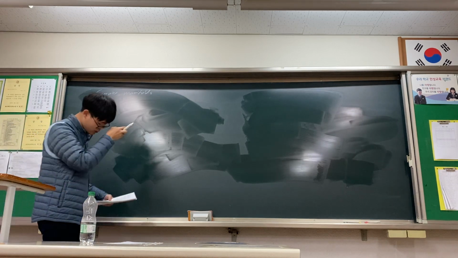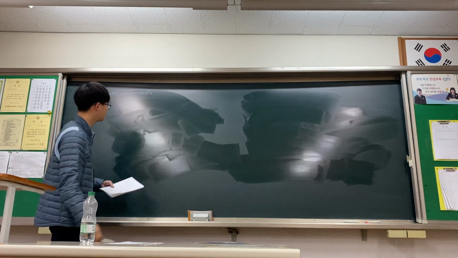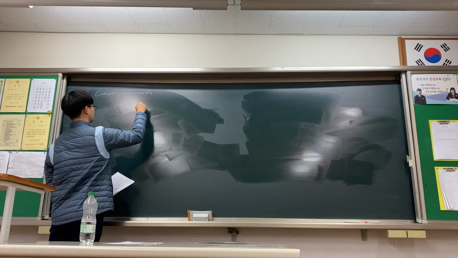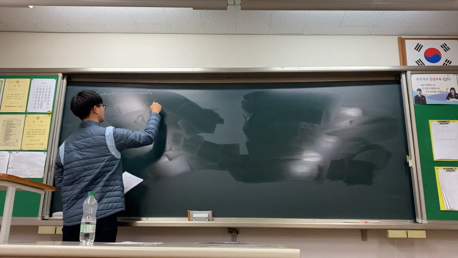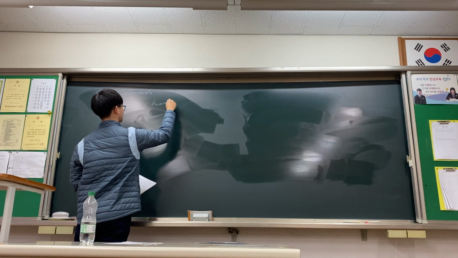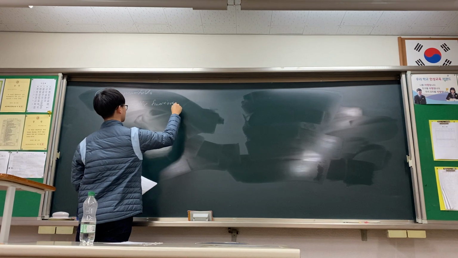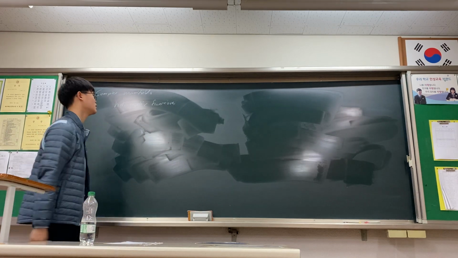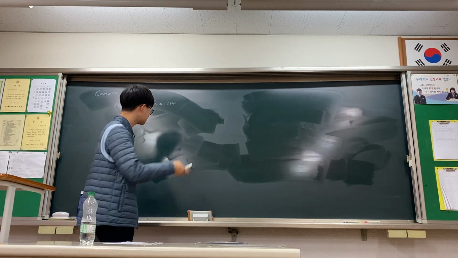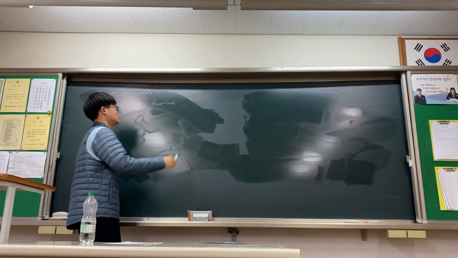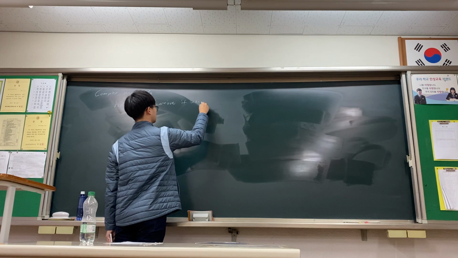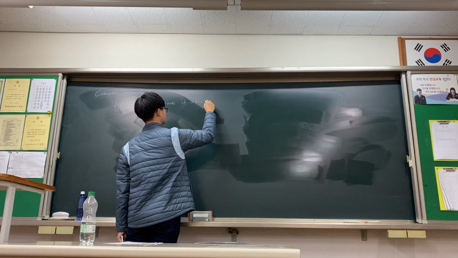To define the category of complex manifolds, we first have to talk about holomorphic functions. Holomorphic functions on a neighborhood in Cn we define as functions that have a power series expression.